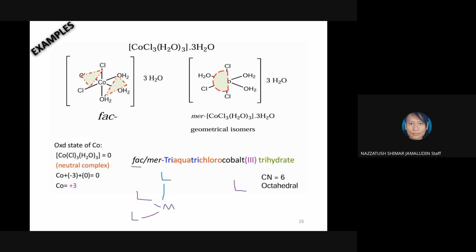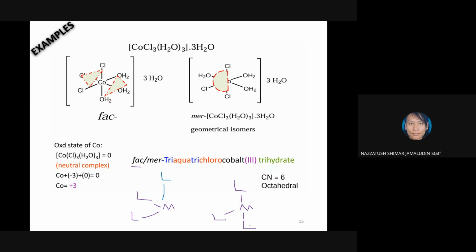If there are 3 identical ligands, but one of them is trans to another, but they are cis to the other one, that is a meridional. A meridional will have one trans.